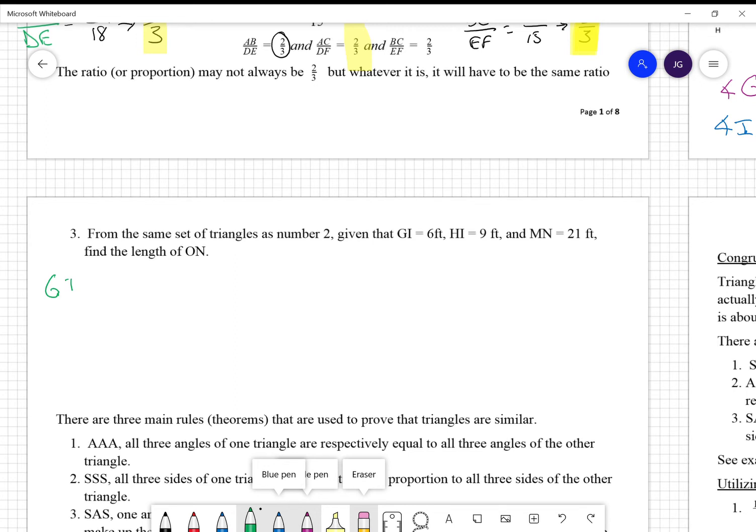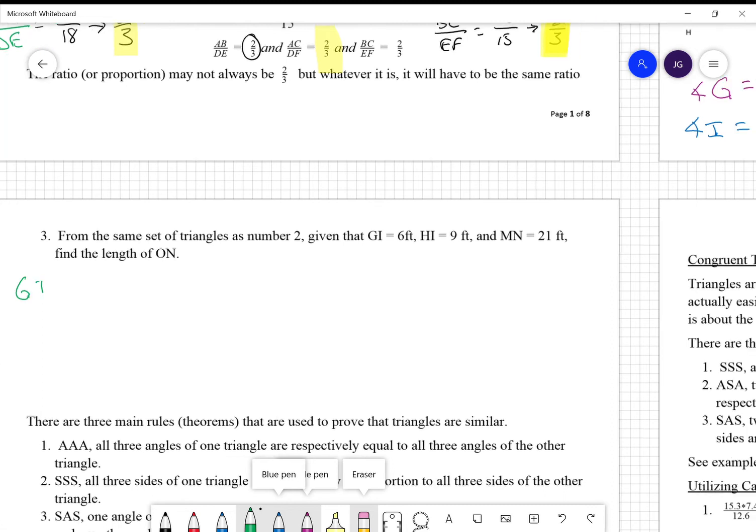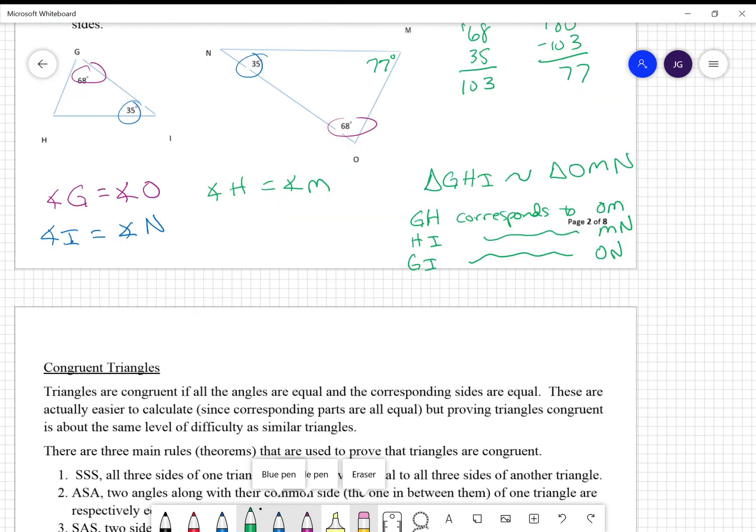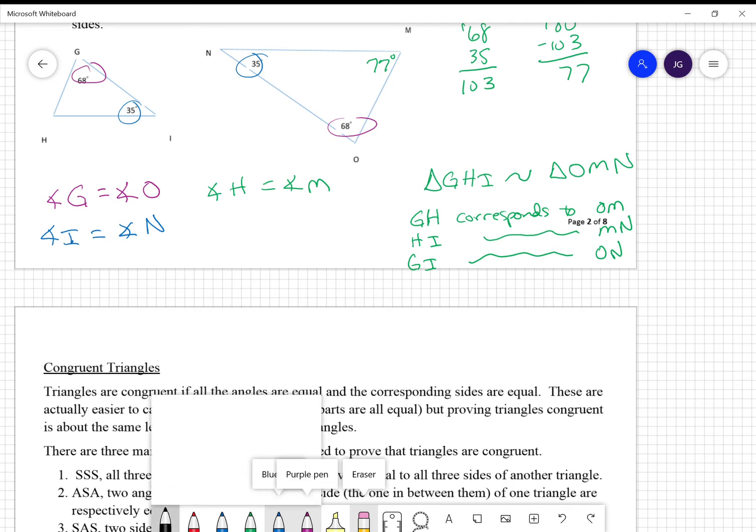I wish these were on the same page. So GI is 6.